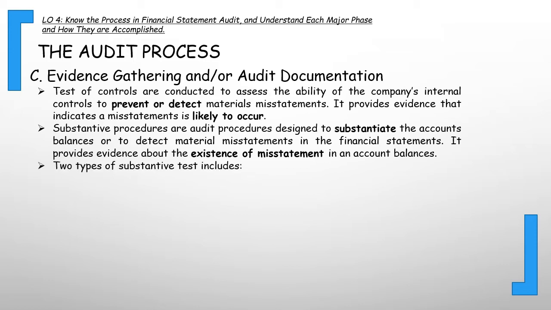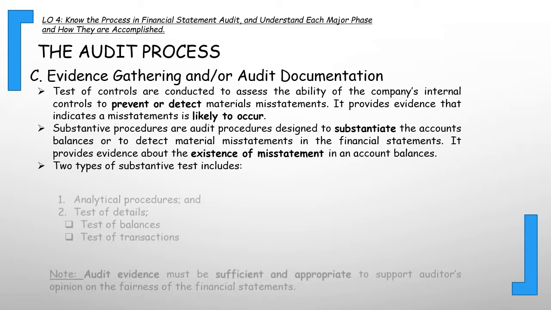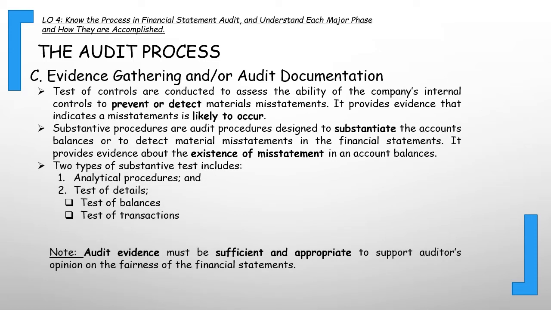Then, merong two types yung substantive test, yung analytical procedures and test of details, which is yung test of details, meron din dalawa, yung test of balances and test of transactions. Okay? Yung analytical procedures are normally done by comparing the prior year audited balances, yung financial accounts, with the current year trial balances provided by the audit client.